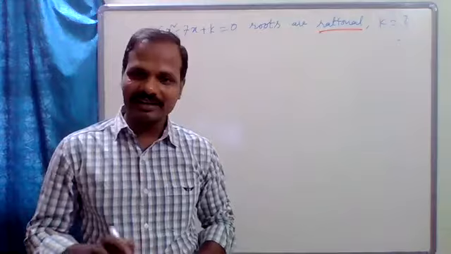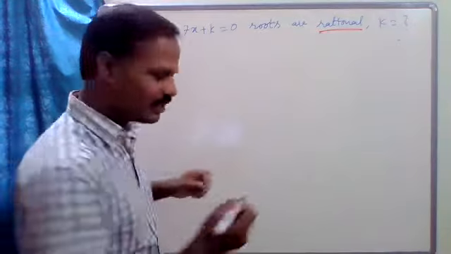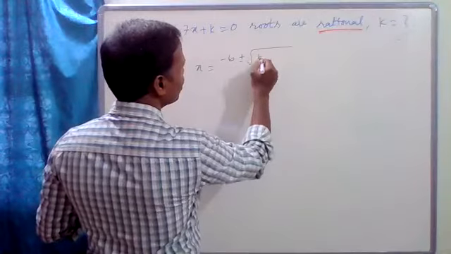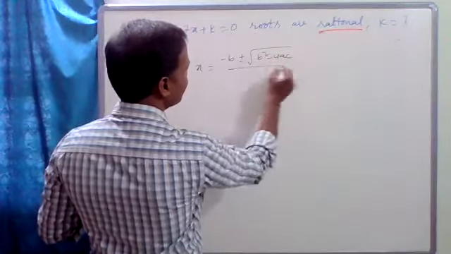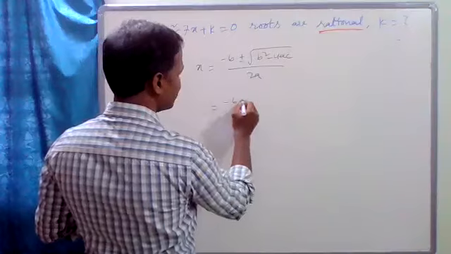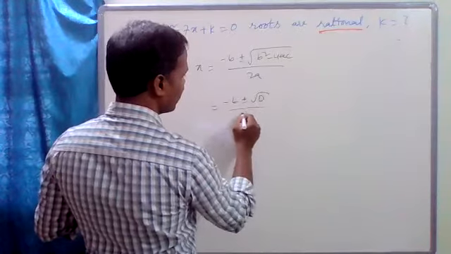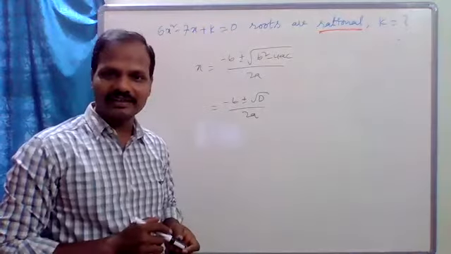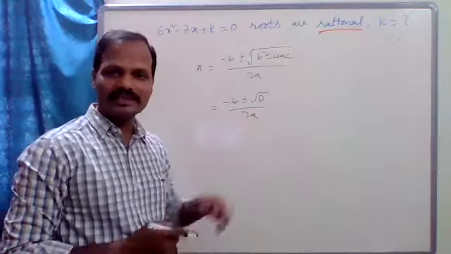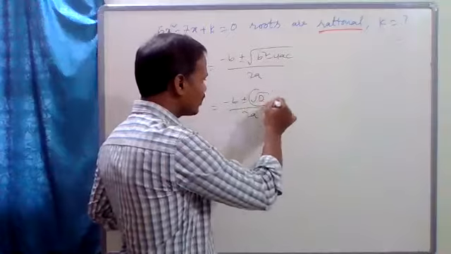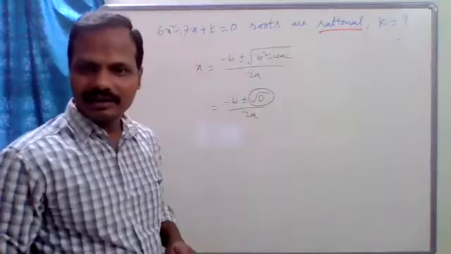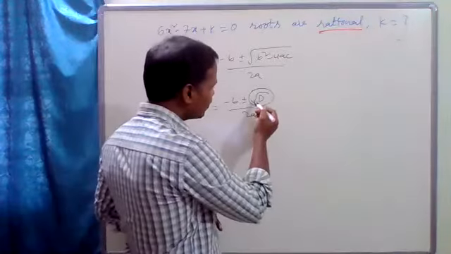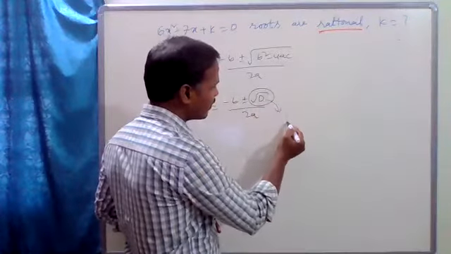See, if roots are rational, in general, what are the roots of a quadratic equation? x equals minus b plus or minus square root of b² minus 4ac, by 2a. That is minus b plus or minus root D by 2a. Now, if this value is a rational number, then D must be a perfect square.